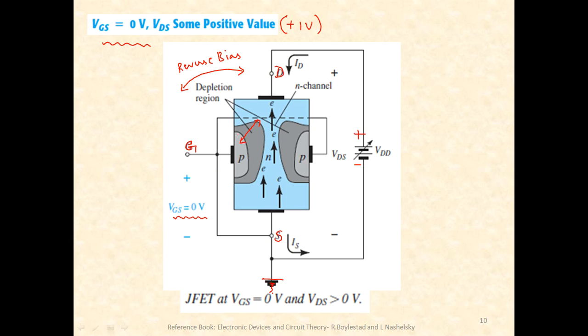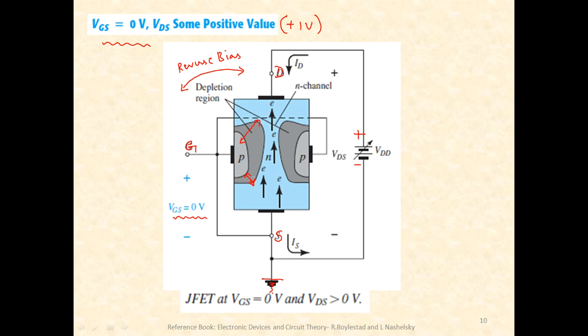Okay, so when it is reverse biased, we know that the width of the depletion region increases or enhances. Okay, now somebody may just ask me, sir, why is it that the width of the depletion region at the drain end is more bulged when compared to the width of the depletion region near the source end. Okay, well, near the source end, the source potential is same as that of the gate potential.